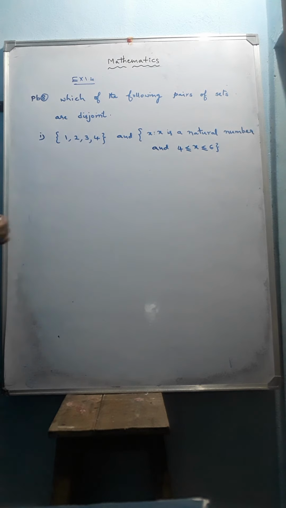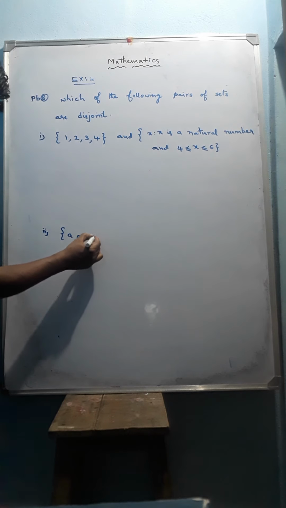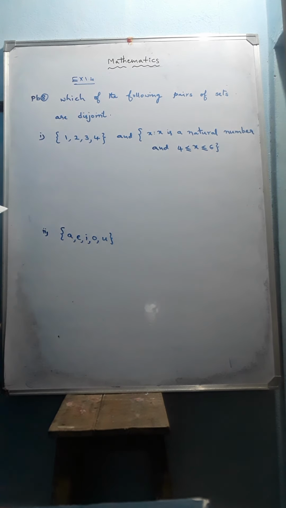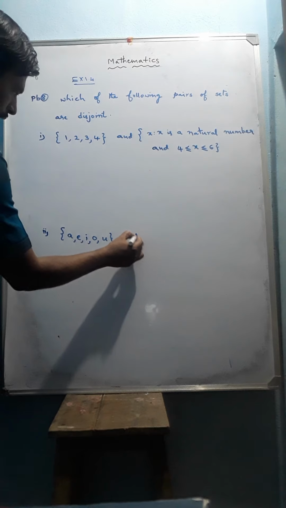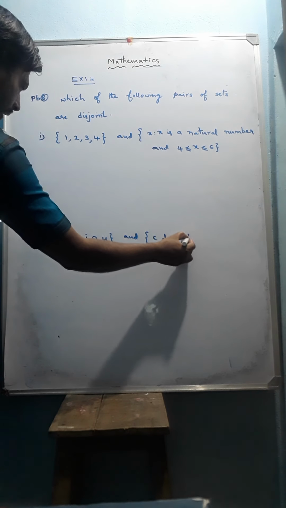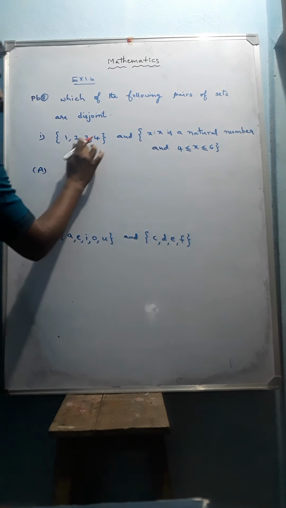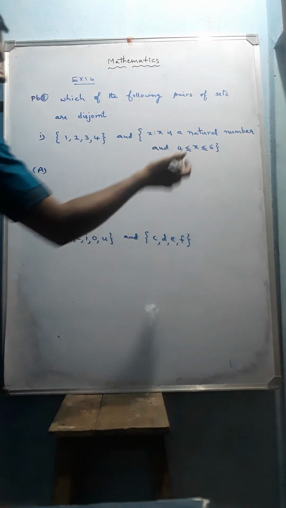Okay. Next, problem number 2. Set of A comma E comma I comma O comma U and set of C comma D comma E comma F. Okay. See answer. That means these two sets are disjoint or not.